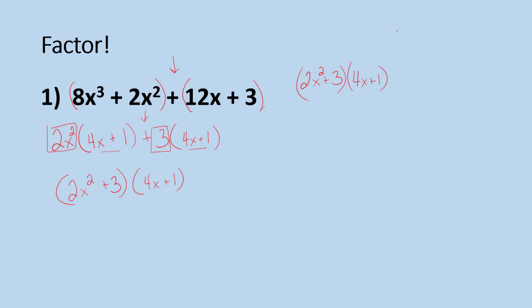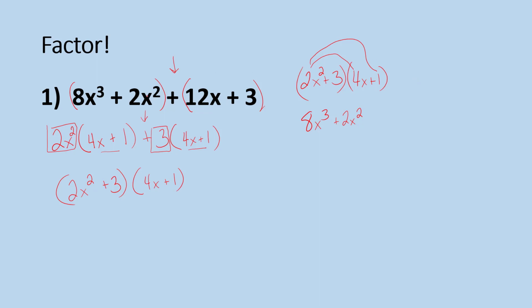And we already know that when we have two binomials, we FOIL to multiply. So 2x squared times 4x is 8x cubed. That's a good sign, right? We're already seeing one value that we want to see. 2x squared times 1, so plus 2x squared.